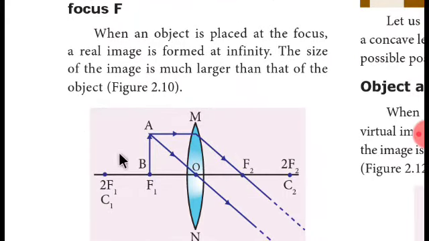In the first case, what we saw is that the object is placed at infinity, somewhere here, and the incident rays are parallel to the principal axis, so they meet at the focus, and we get a very small image.